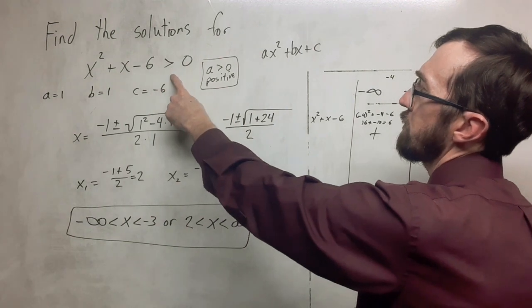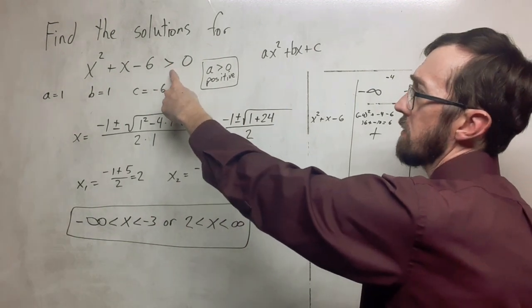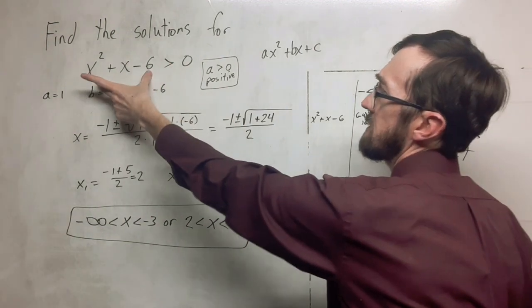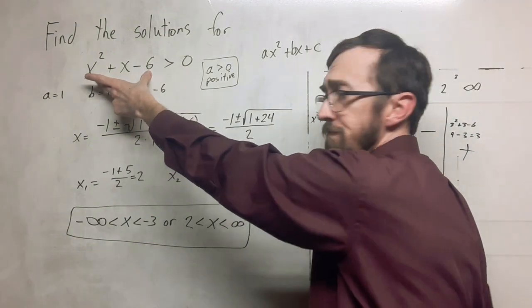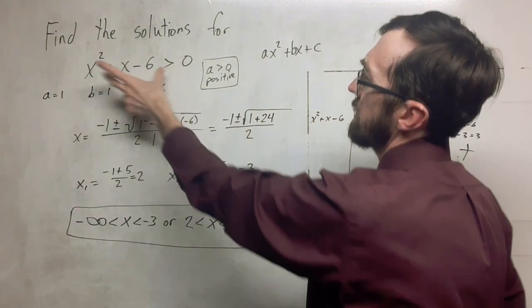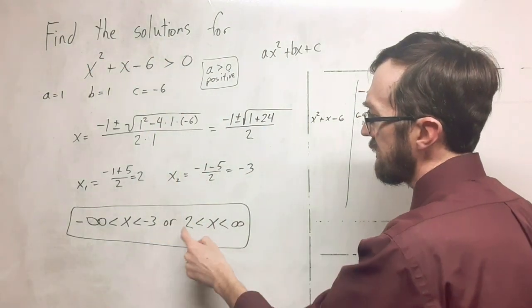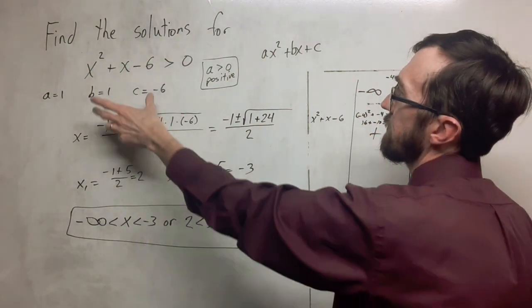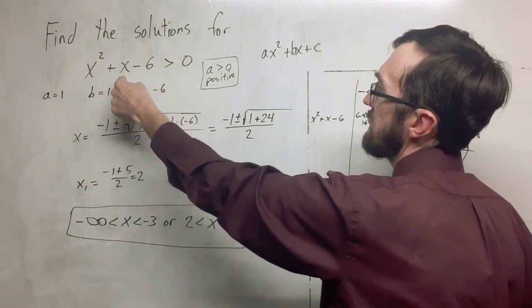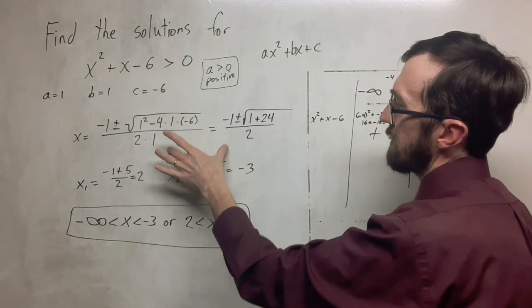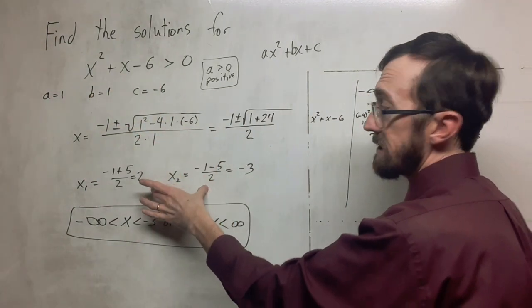If you look back at the original, since this is not underlined, it means that this is not allowed to go to 0. If this had been underlined, this would be allowed to go to 0, and then we could actually include these points. If I plug negative 3 into here, this is going to go to 0. Remember what we found here. These are x-intercepts.